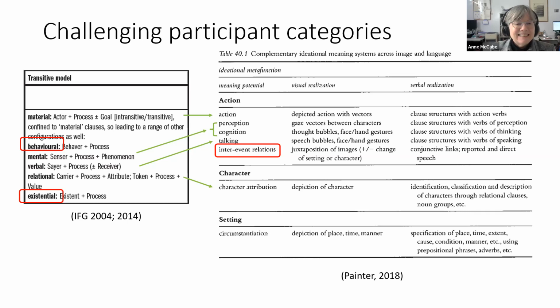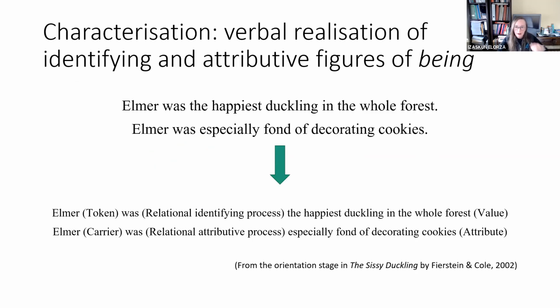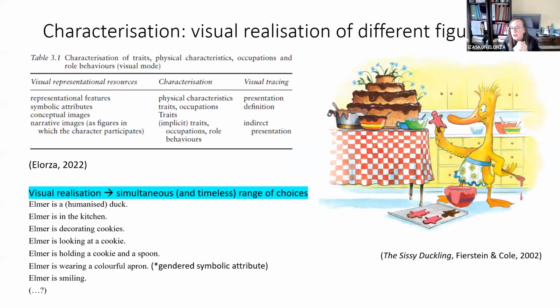Okay, so I'm just going further, because I will get back to this idea of what happens with behavioral processes as well. The thing is that typically characterization is thought of as relying on figures of being, attributive, identifying, and so on. But when dealing with how characters are represented, particularly in the visual mode, as I said before, we have a simultaneity of resources.